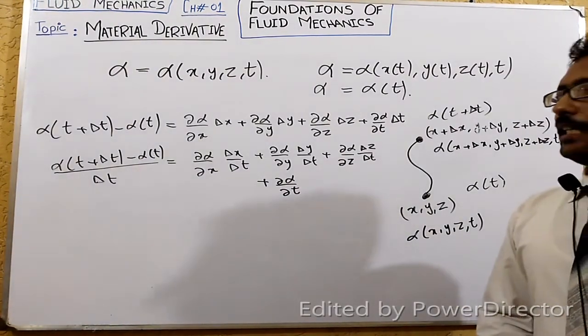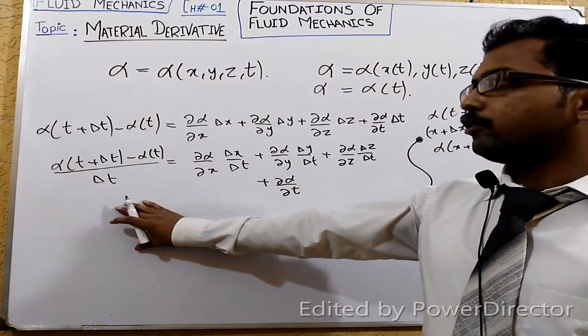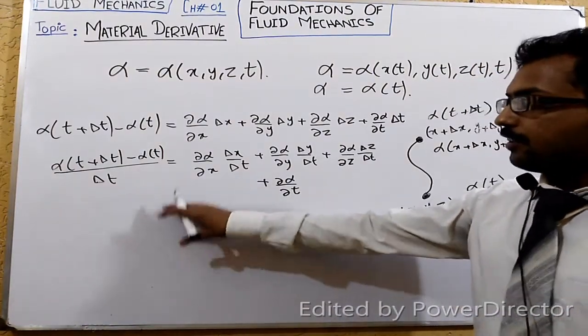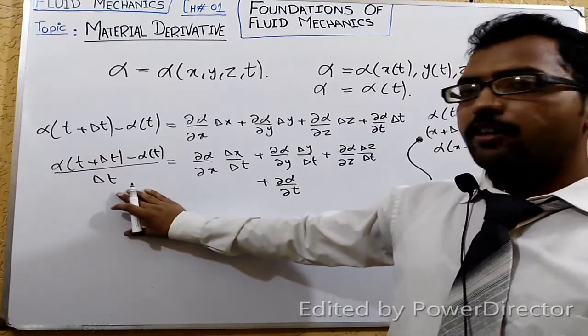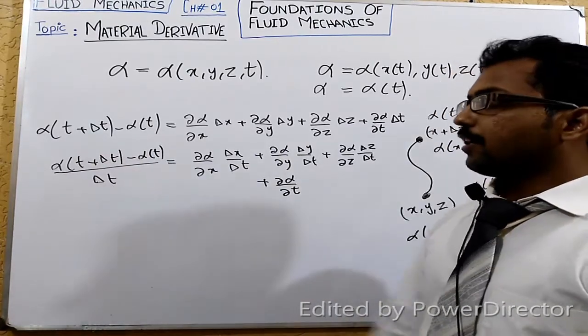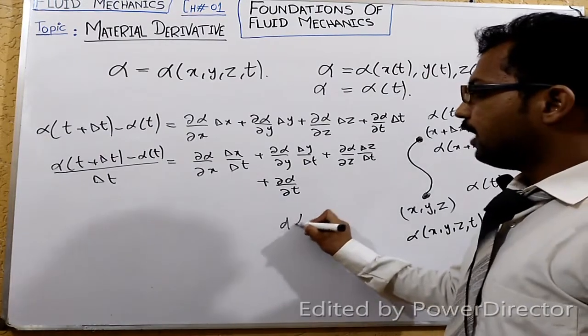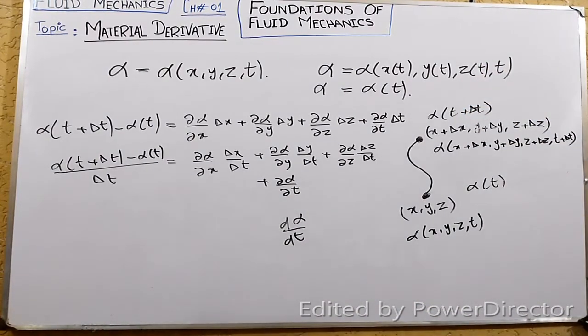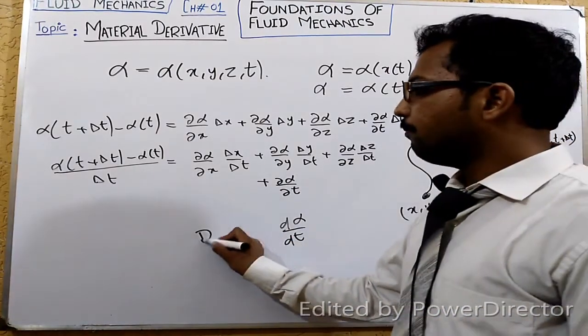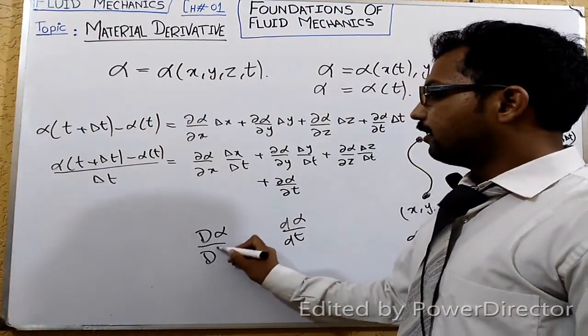Now we will take the limit as delta t approaches 0, then the left hand side is the total derivative of alpha with respect to time t, and it is equal to d alpha by dt. But here we will denote it by capital D alpha by capital Dt.